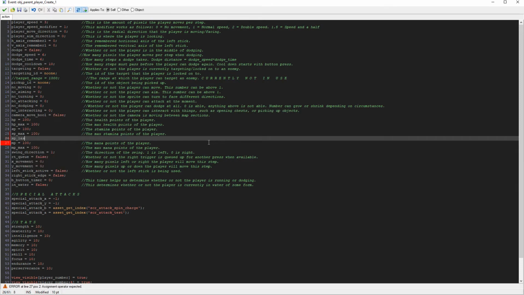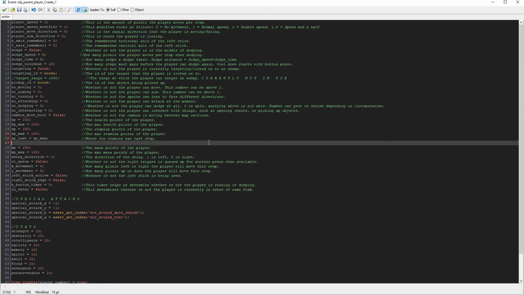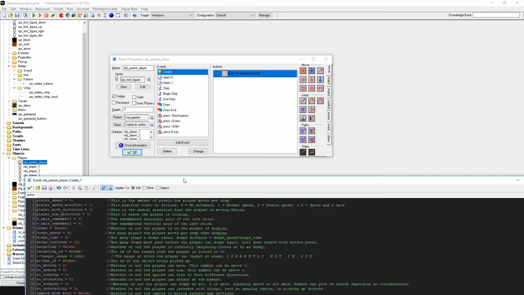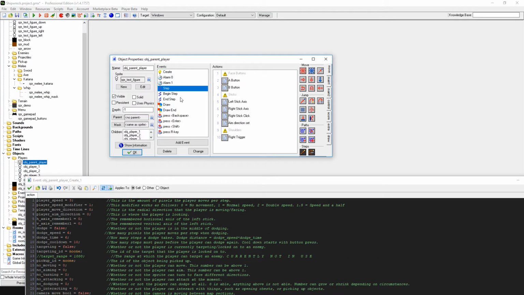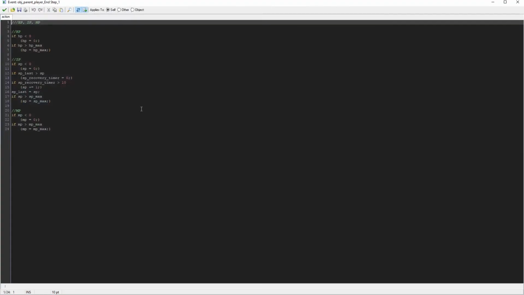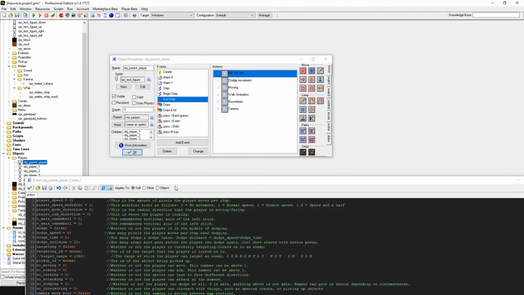Okay. Say last step, and then SP timer, I think it was. Just, okay, SP recovery timer.